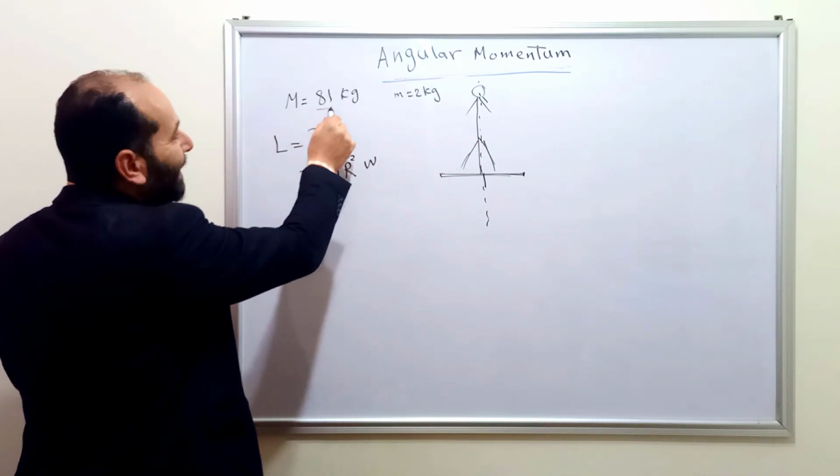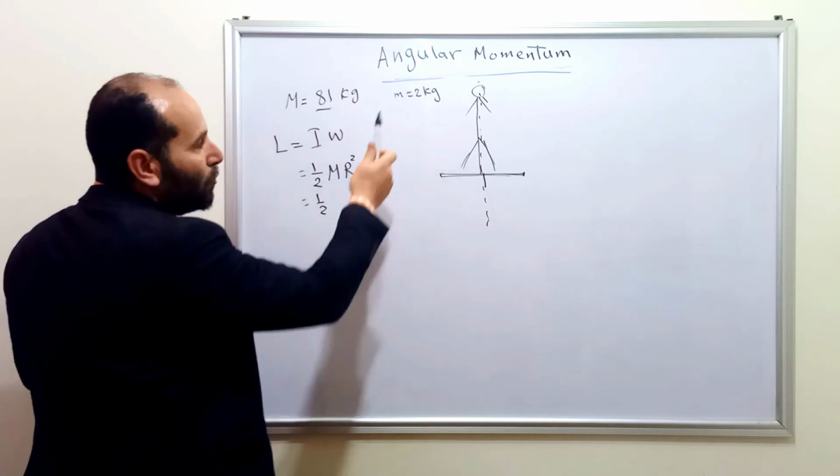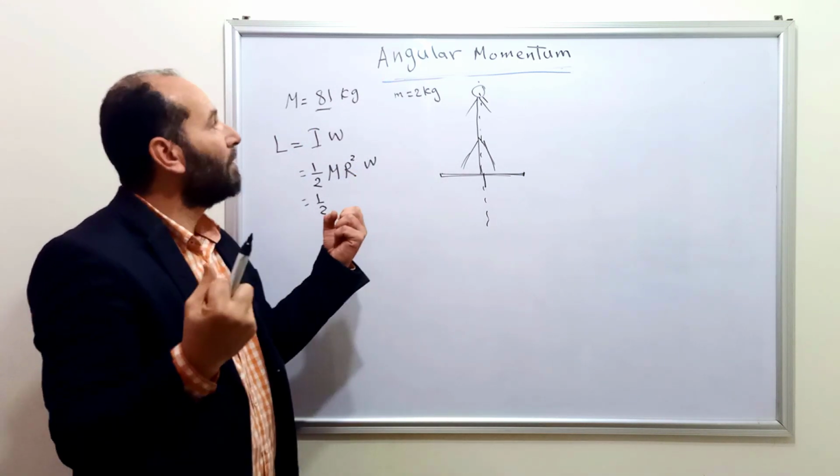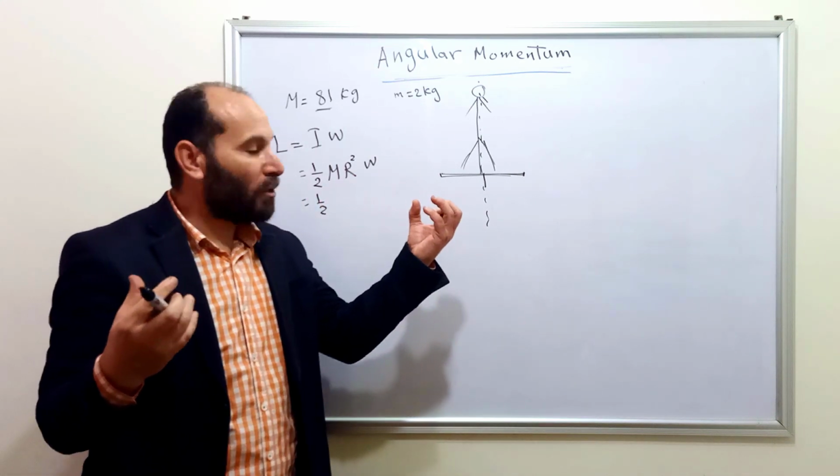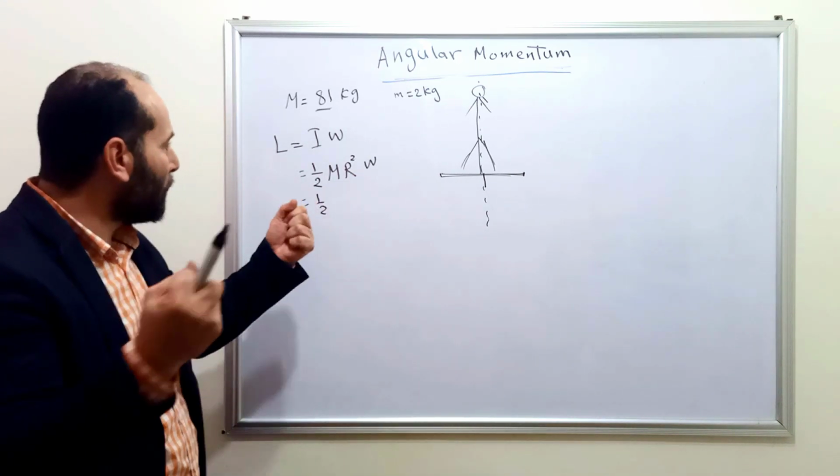Total M here equals 81 plus 2 times 2, because he carries two weights, one of them equal to 2 kilograms and the other equal to 2 kilograms, in both hands.